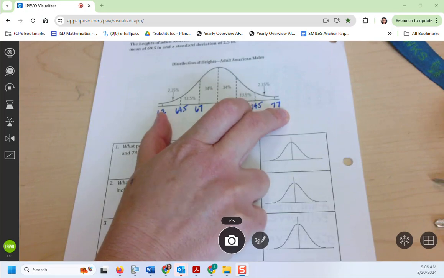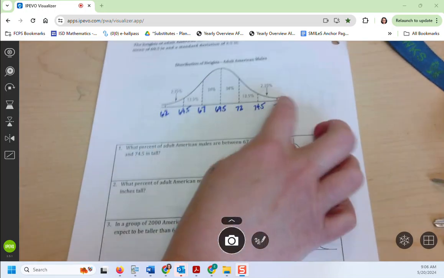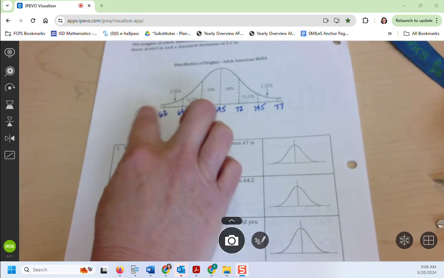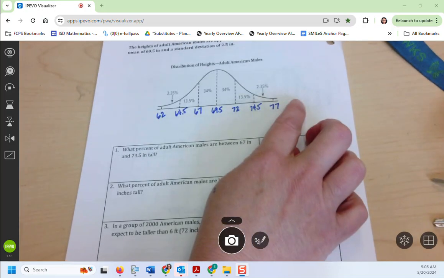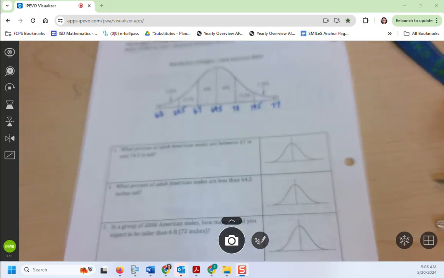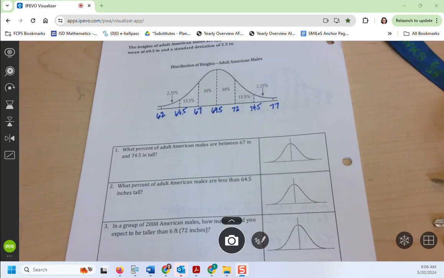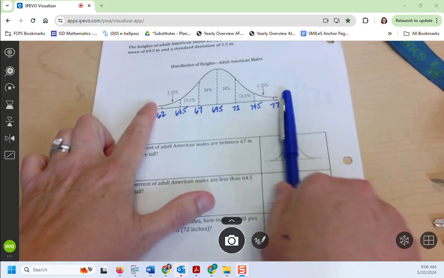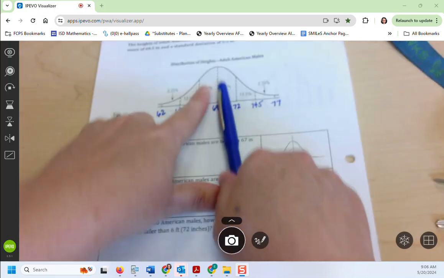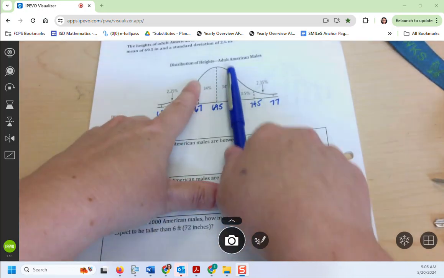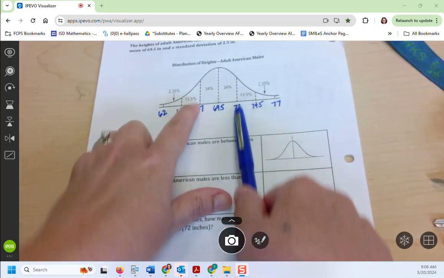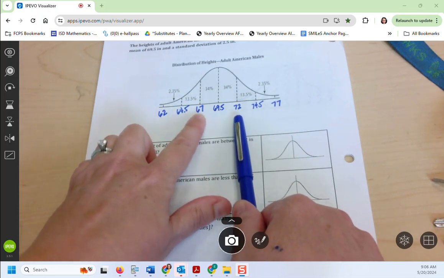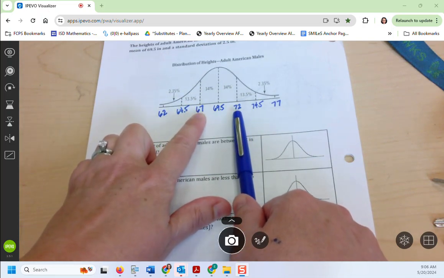But not everybody, because that's why the curve keeps going. There are some men shorter than 5'2". There are some men taller than 6'5", right? But most people are. Probably everyone in this classroom is. All right. The middle 68%, that's a lot of people. So 68% of males are between 67 and 72 inches.